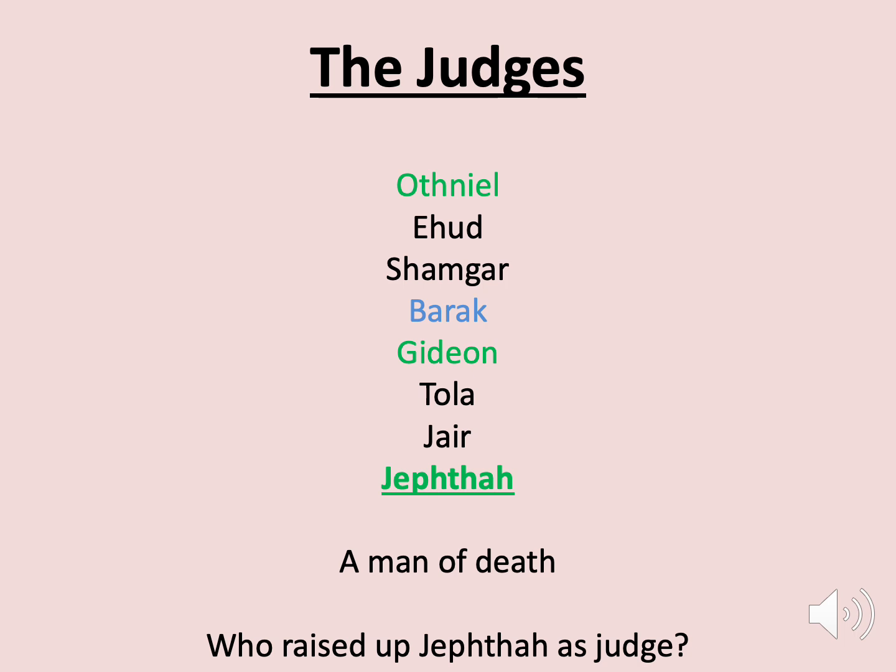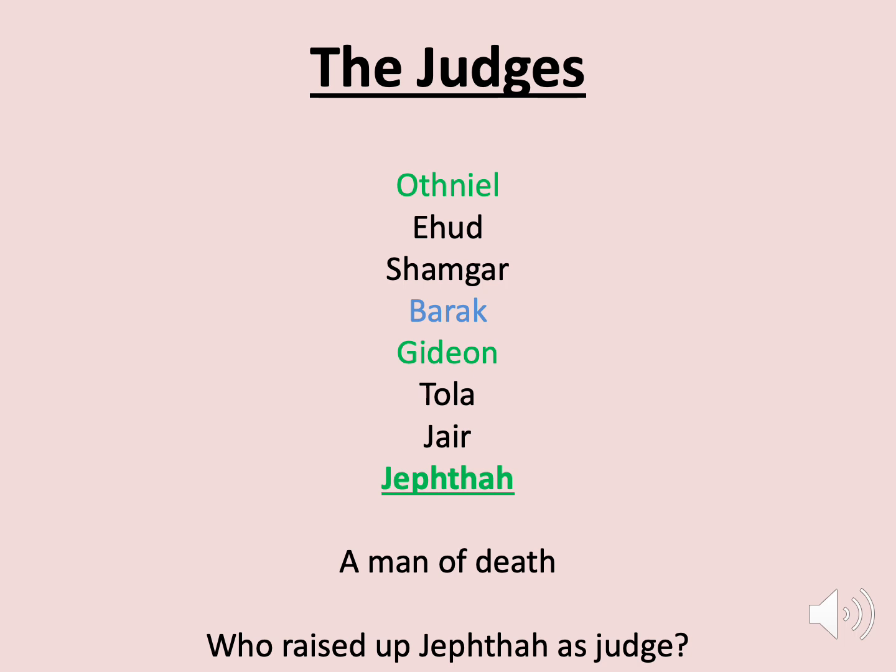It's also interesting in that chapter 11 immediately follows after chapter 10 in most Bibles, and in chapter 10 we read of the great repentance of Israel after God says that he's no longer going to help them. They weep, they offer sacrifices, they get rid of their false gods, and so God says that he's going to deliver them. And yet the immediate action that takes place afterwards is not Israel crying out to God to deliver them.